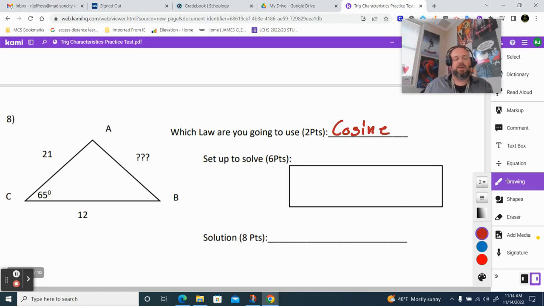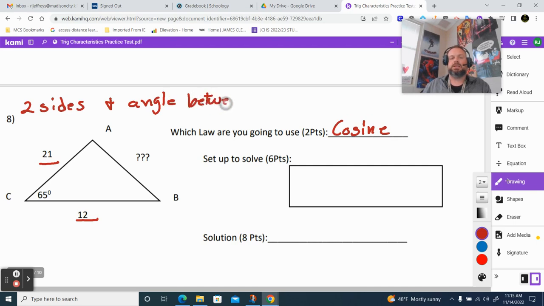Look, I'm given two sides and an angle between them. Two sides and an angle between. That is how I would know I was using the law of cosines.